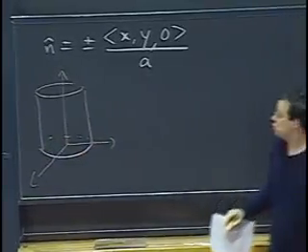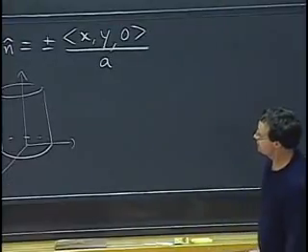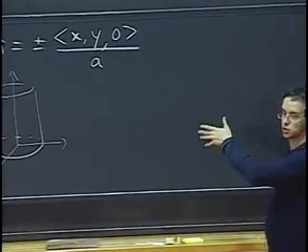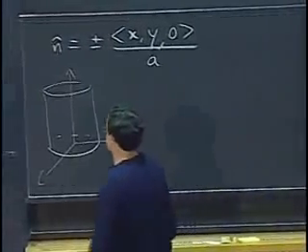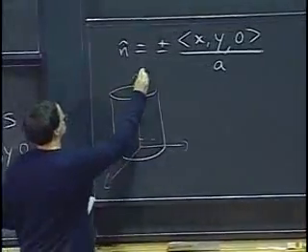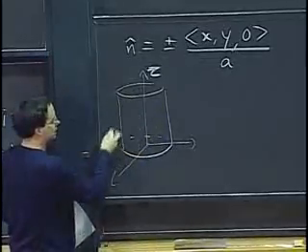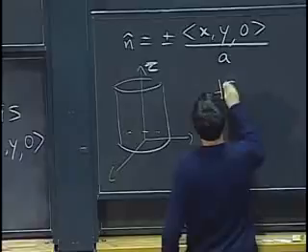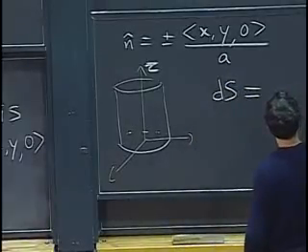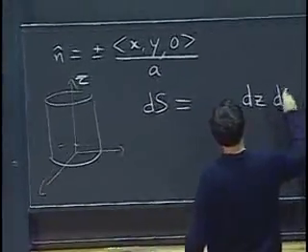Well, we probably want to use part of the cylindrical coordinates, except we don't want r, because r doesn't change. It's not a variable here. Indeed, you probably want to use z to tell how high you are and theta to tell you where you are around. So dS should be in terms of dz d theta.